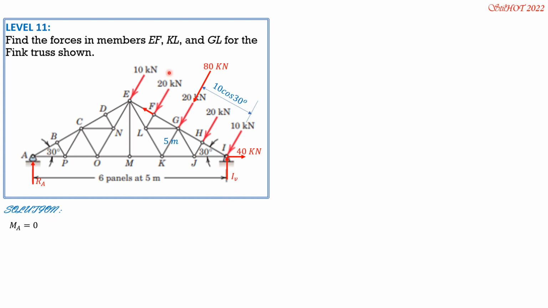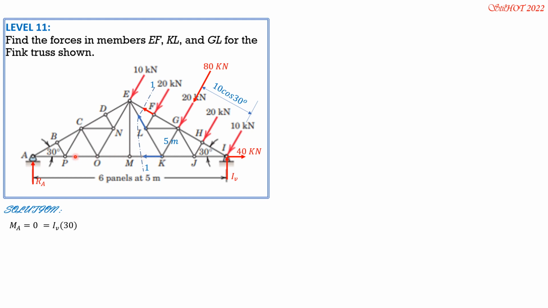So counterclockwise positive, IV times 30. We will use this later in solving for FFG. So IV times 30, 6 times 5. Then again, imagine that 80 kilonewtons load is shifted at K by principle of transmissibility.